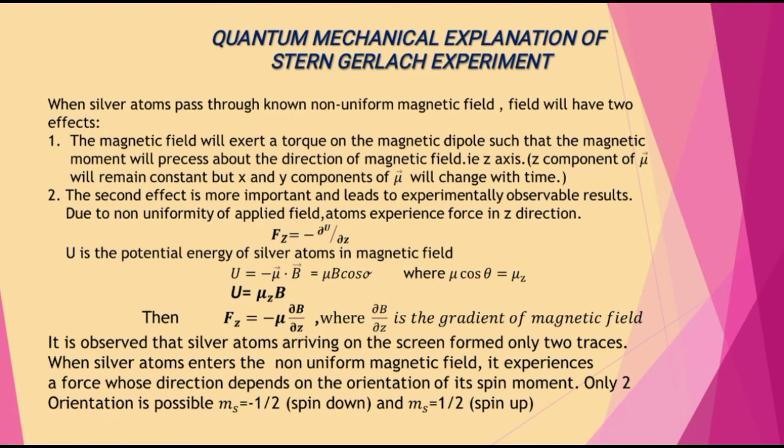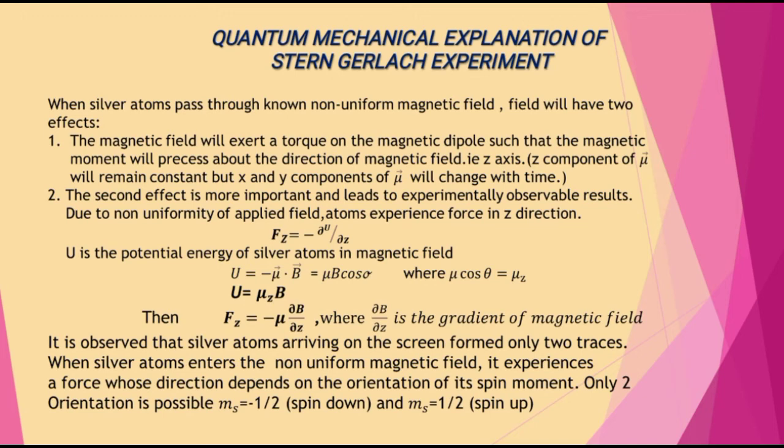Due to the non-uniformity of the applied magnetic field, we know that atoms experience a force, and its direction is along the Z direction. And by the equation Fz equal to minus ∂U/∂Z, where we know that U is the potential energy of silver atoms in the magnetic field. This potential energy can be written as minus μ dot B vector, which is equal to minus μB cos θ.